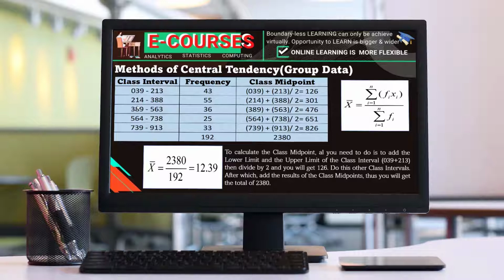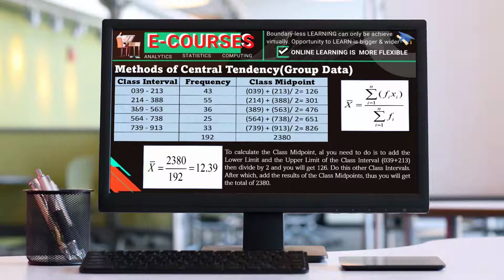Okay, add the lower limit plus the upper limit, divide by 2. Okay, so 039 plus 213 divide by 2, you will get 126. 214 plus 388 divide by 2, you will get 301. 389 plus 563 divide by 2, you will get 476, and so on and so forth.